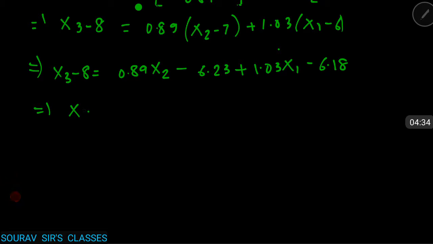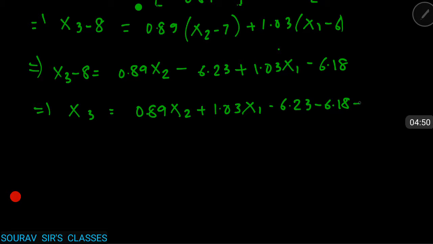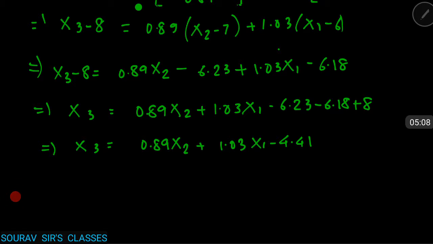This implies x3 is equal to 0.89 x2 plus 1.03 x1 minus 6.23 minus 6.18 plus 8. This implies x3 is equal to 0.89 x2 plus 1.03 x1 minus 4.41, which is the required regression equation of x3 on x1 and x2.